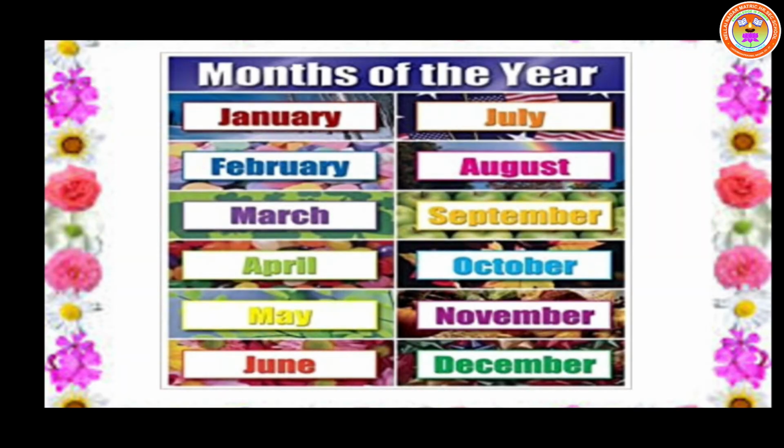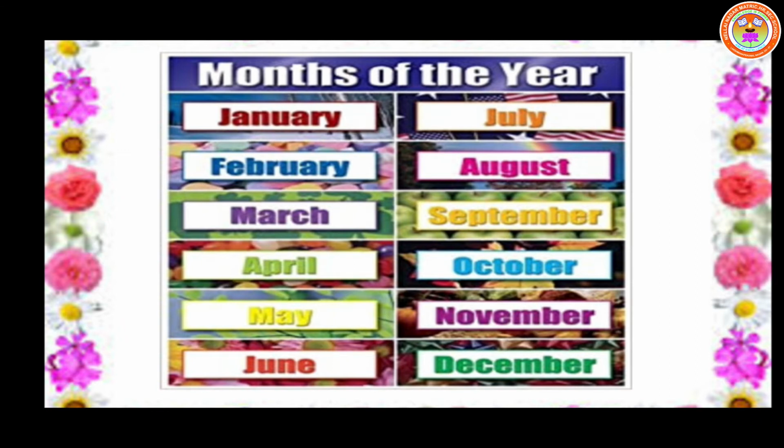Is it clear? Next, there are 12 months in a year. January, February, March, April, May, June, July, August, September, October, November and December. 1 year is equal to 365 days, students, and 1 year is equal to 52 weeks.